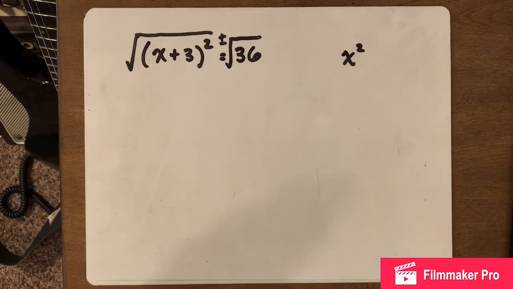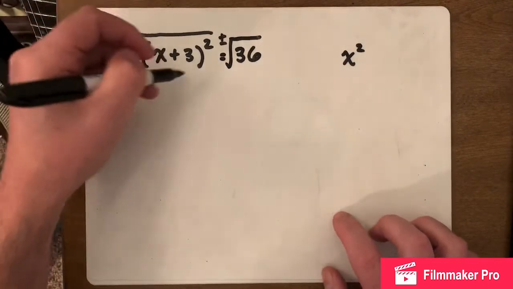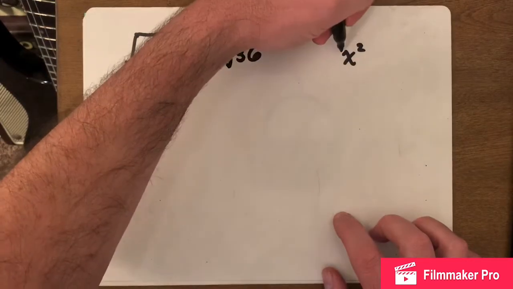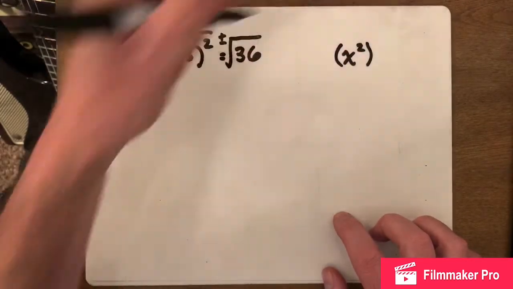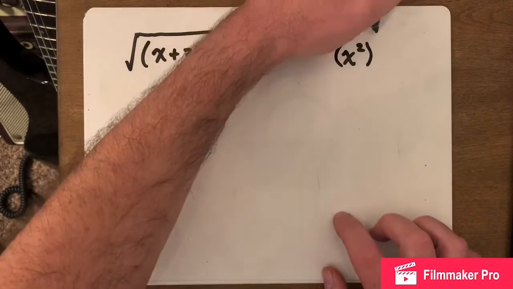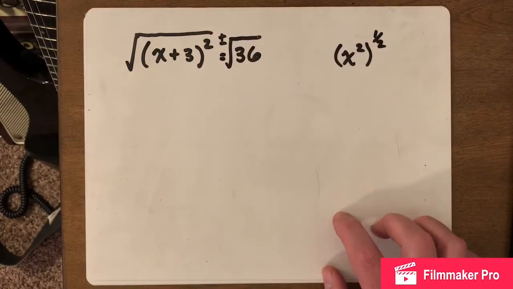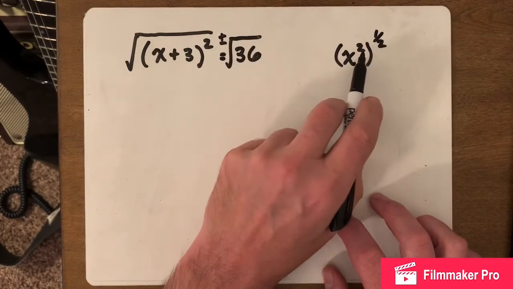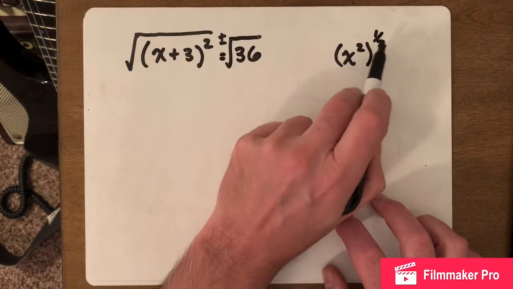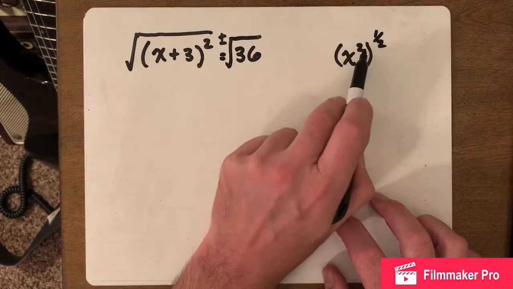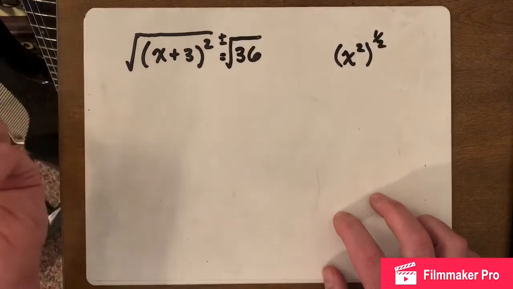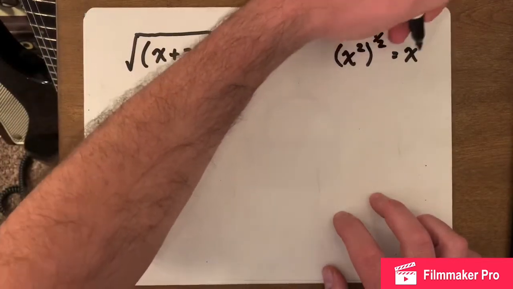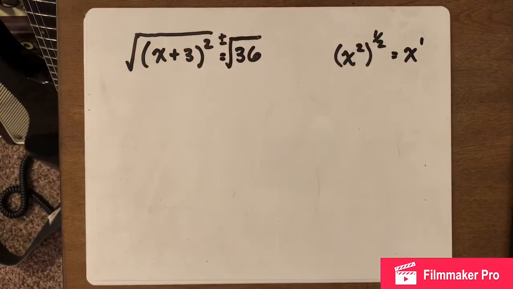So you're taking all of this, and the square root acts like a 1/2 power on the outside. By our rules for exponents, a power of a power you have to multiply. 2 times 1/2 is really just 1, and so that's why they cancel out like that.